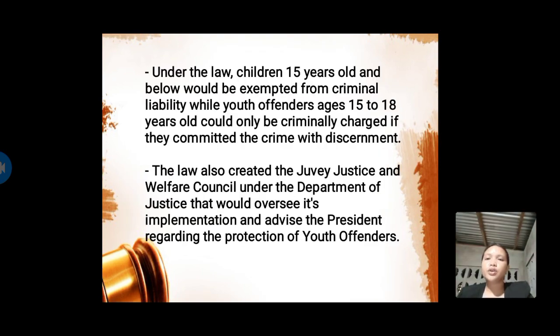Under the law, children 15 years old and below are exempted from criminal liability, while youth offenders aged 15 to 18 years old could only be criminally charged if they committed the crime with discernment. The law also created the Juvenile Justice and Welfare Council under the Department of Justice that would oversee its implementation and advise the president regarding the protection of youth offenders.